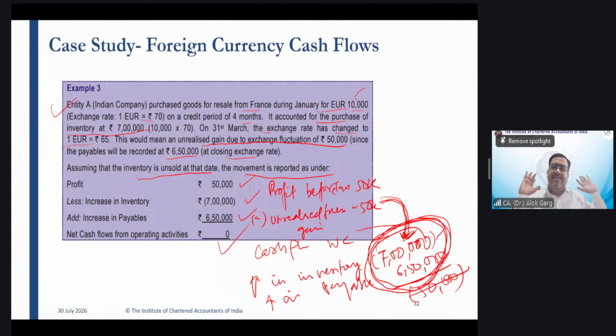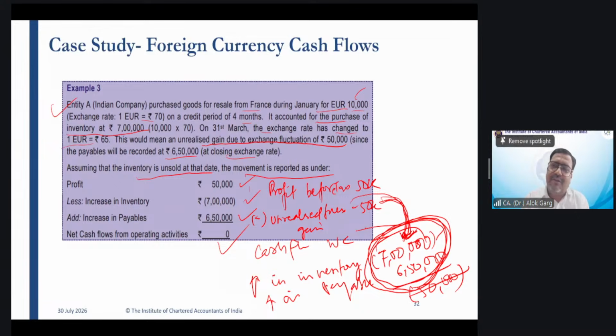Assuming the entire transaction is P&L in zero, what is your net cash from operation? Please tell me. How much cash came in and how much cash went out? Apply direct method. It is zero. So in the question, this 50K has been included here.